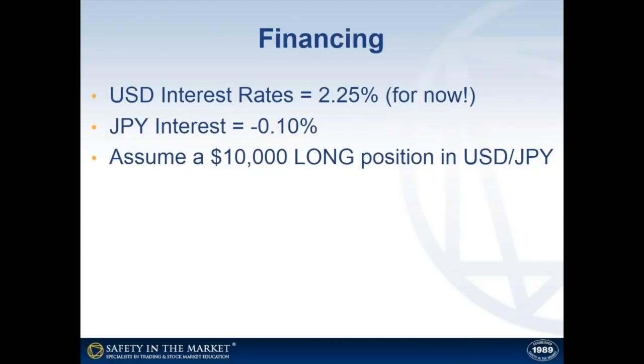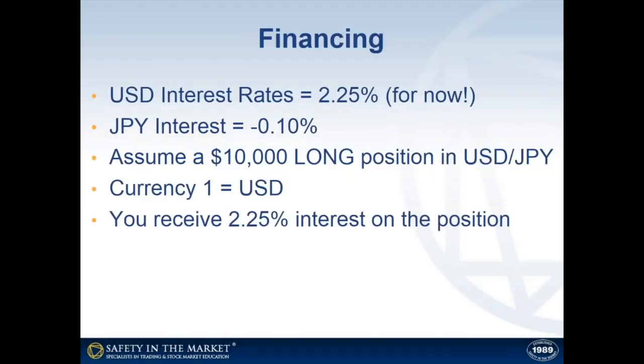So let's assume you took a $10,000 long position in the US dollar against the Japanese yen. Currency one is the US dollar. You'd be receiving interest on the position at 2.25%. Currency two is the Japanese yen. And remember, you pay interest on the currency that you sold.